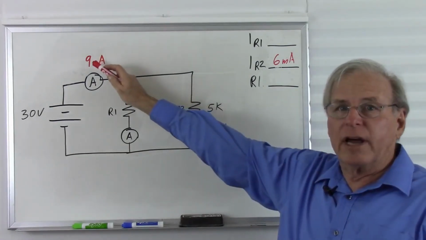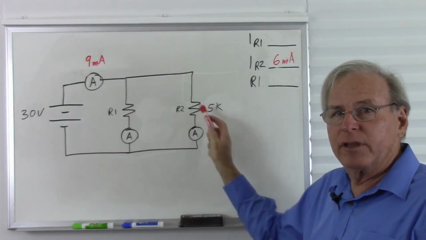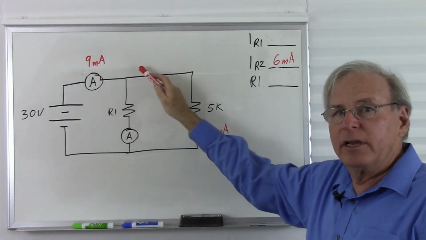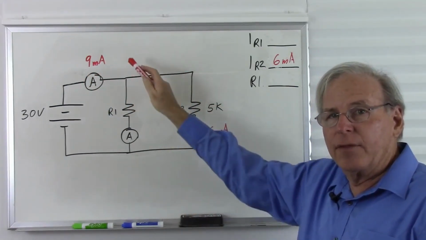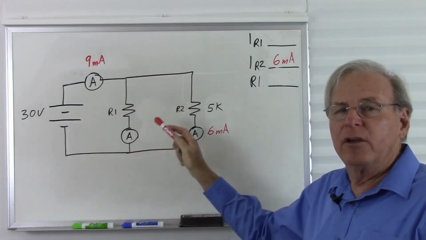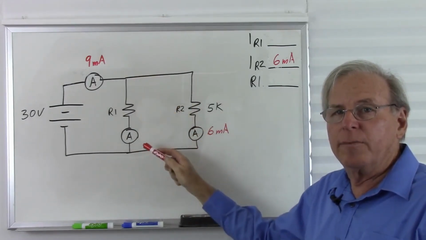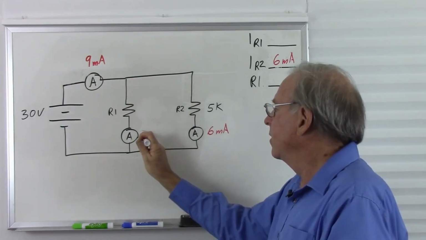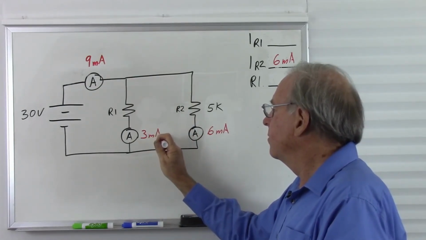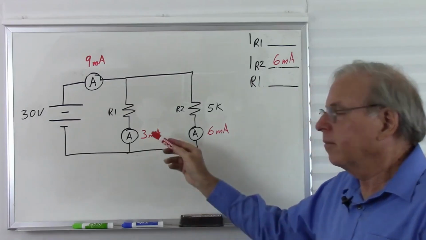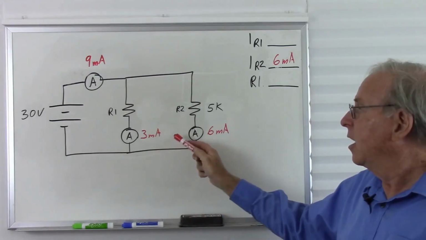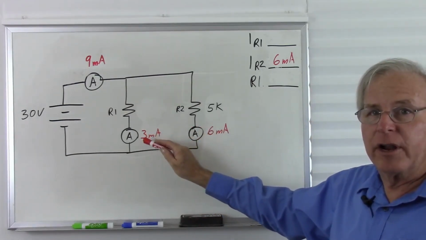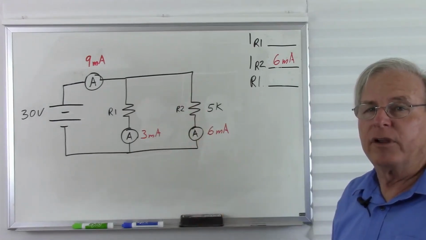So we have a total of 9 milliamps. 6 milliamps went this way. So 9 milliamps come here, 6 milliamps went this way. The other 3 milliamps must have gone this way. So the current through R1 is going to be 3 milliamps. So we have half the current, so we must have twice the resistance.